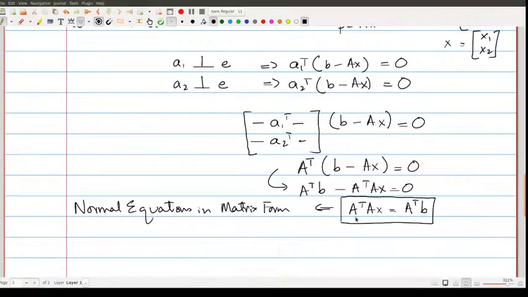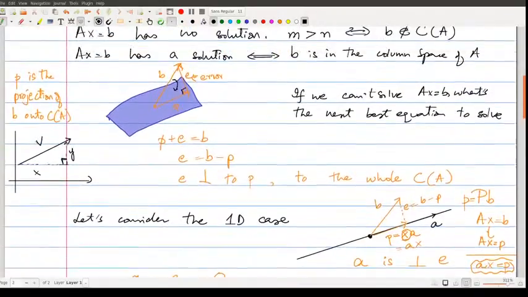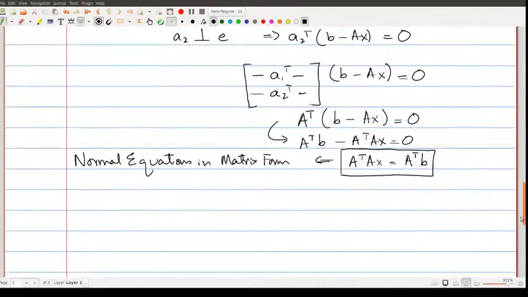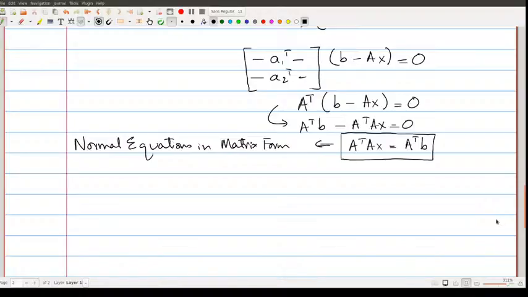The idea is that since we know that we can't solve the system AX equals B, this is the equation that I wrote at the start of the lecture: A transpose times AX equals A transpose B. When you solve this system, it will give you this line of best fit. All right. So this is the equation to solve.